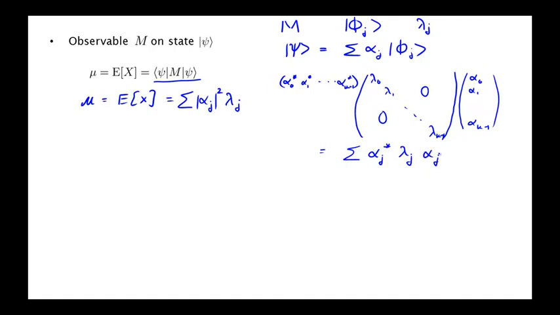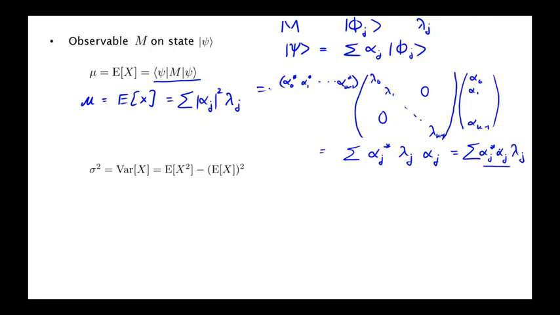Alpha j is a complex number, lambda j is real, so they commute with each other. So you can just write it as the summation of lambda j, alpha j star, alpha j. And what's alpha j star times alpha j? It's just the square of the magnitude of alpha sub j. Okay, so this is all equal.